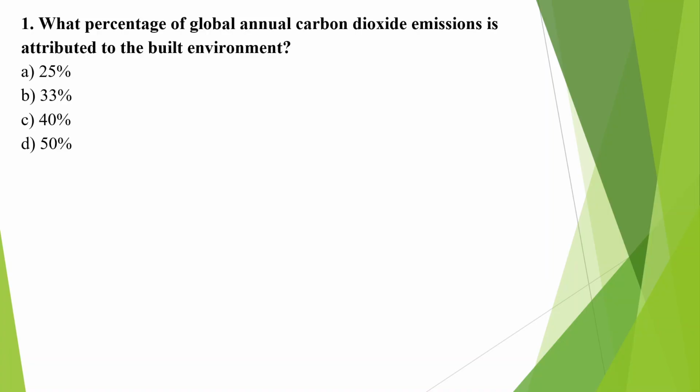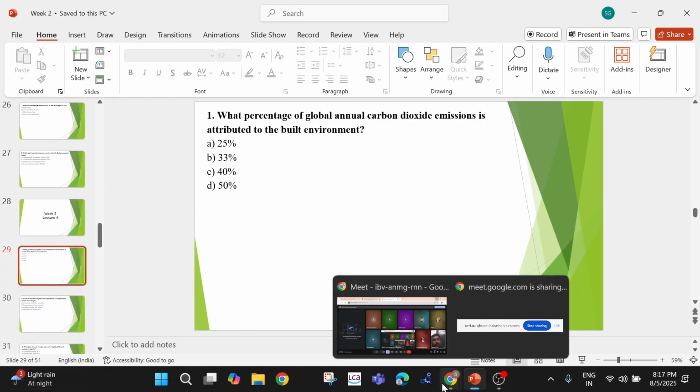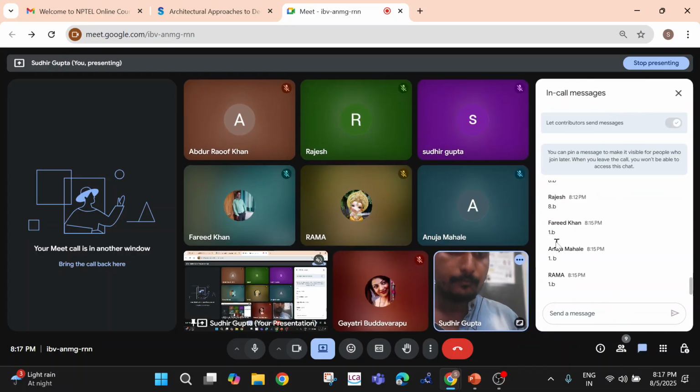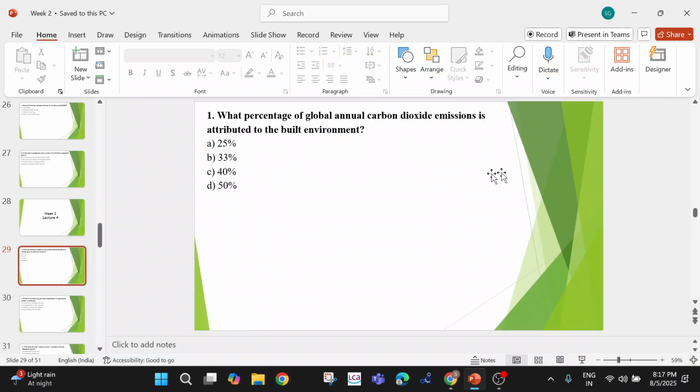So I don't think any of you have given the correct answer till now. Let's see. All of you have opted for option B. So option B is not the correct answer for this question.